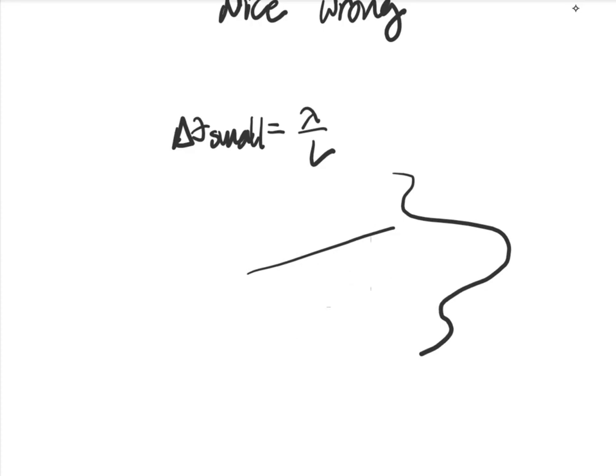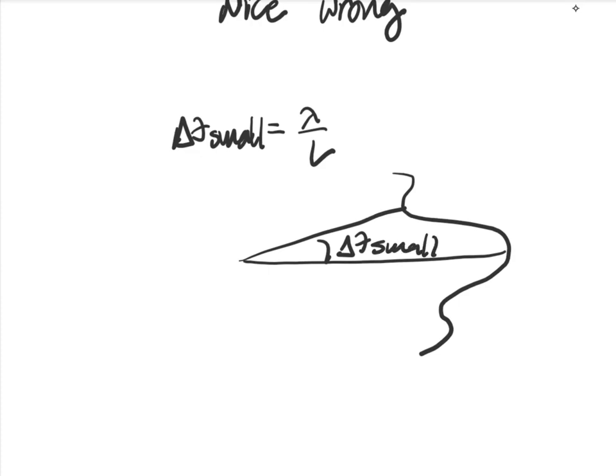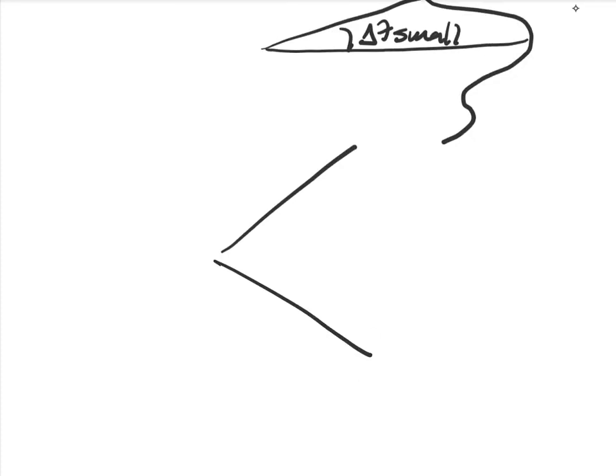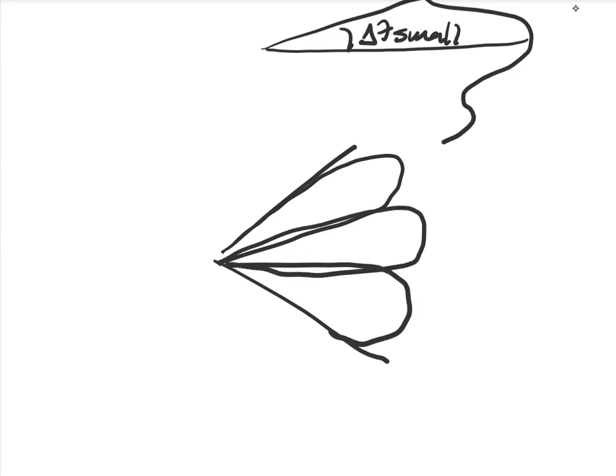Instead, delta theta small is that angle, the half angle. So that means that those sincs, those beams, should be twice as big. So the picture we should have used should have been something like this, where these blobs are twice as big, and they have this divergence of 2 times delta theta small.